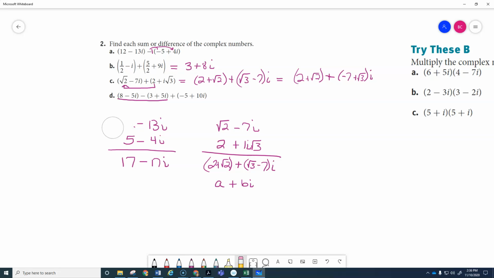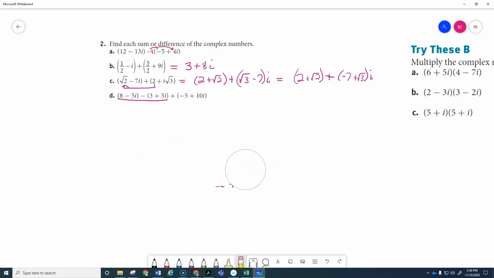And let me erase this. So you'll need to put these two together first. If you stack it, 8 minus 5i and negative 3 minus 5i, I distributed that negative, okay? And that's going to give me 5 minus 10i.